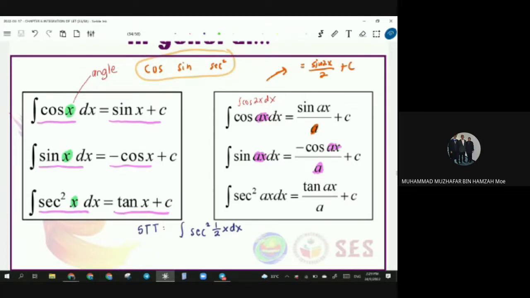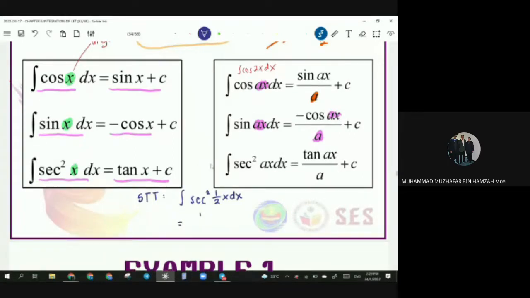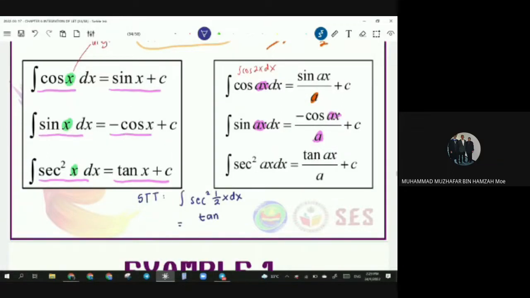So by the way, okay, let's check. Okay, so integrate secant square, we will get tangent. First thing, integrate the trigo first. Integrating will give us tangent. Okay, hang on, mine is not showing up. Okay, so we got here tangent of ax, of half x. This is first.